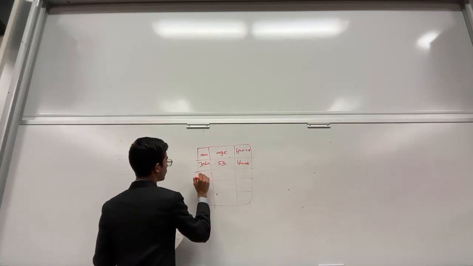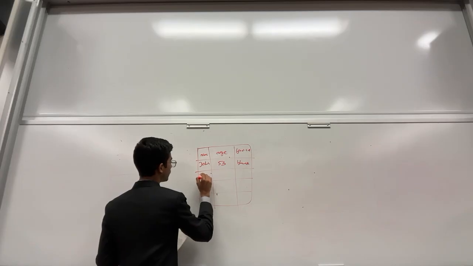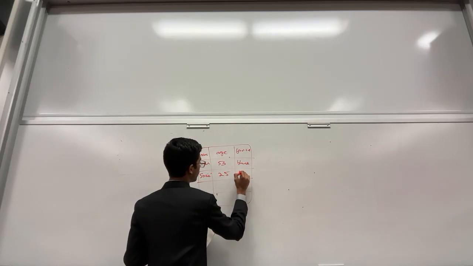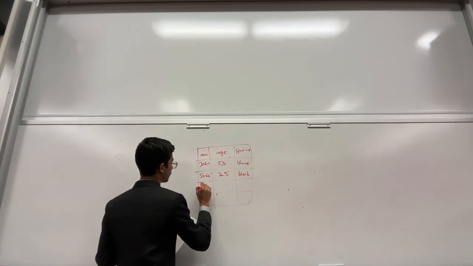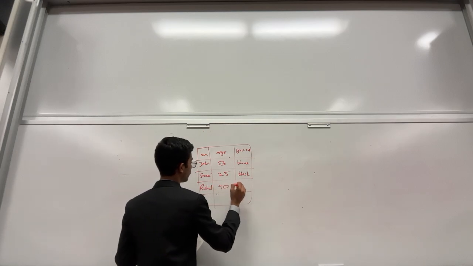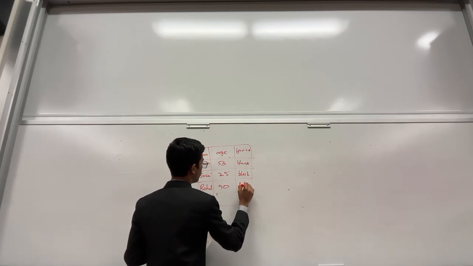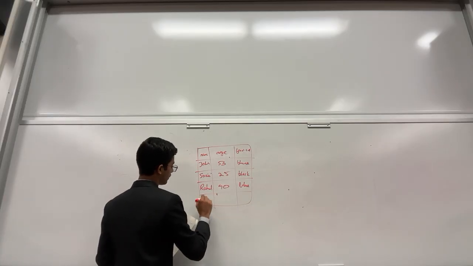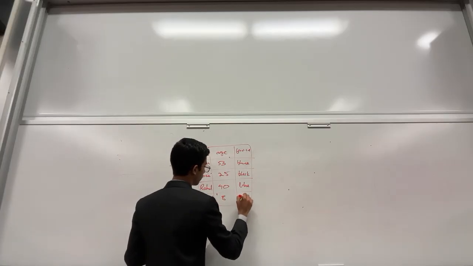I have Sonia, age 25, favorite color is black. I have Rahul, aged 40, favorite color blue again. And let's say lastly I have Jack, aged 8, favorite color orange.